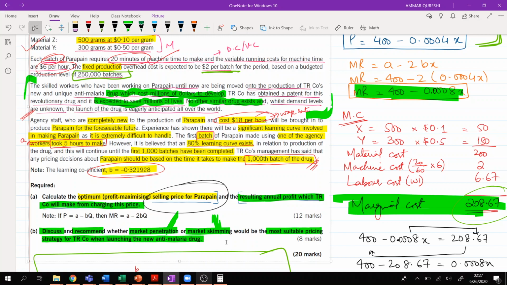The capitalist side says that if we are considering just profit maximizing, we should try to sell it at high prices, right? But again, you must write here that we should give some provision to the people of developing countries who are unable to buy the product at higher prices.